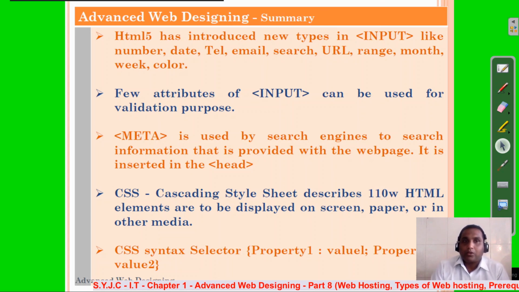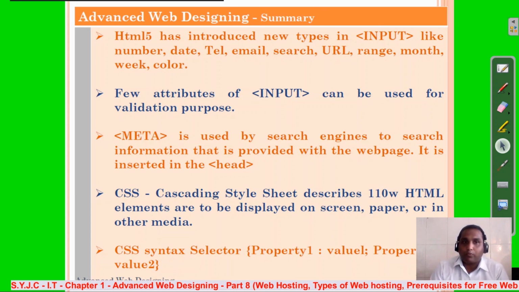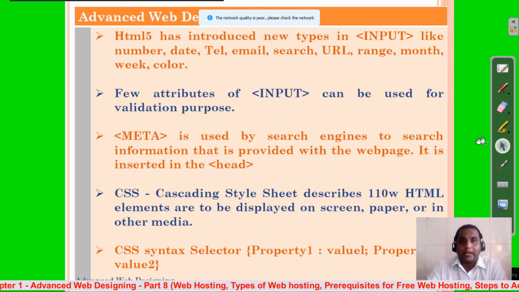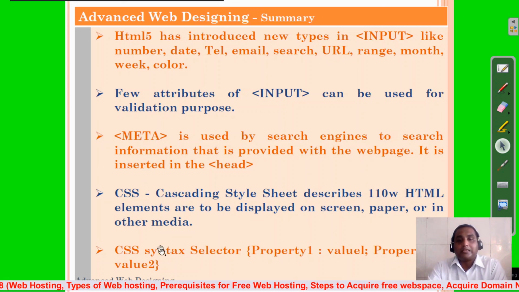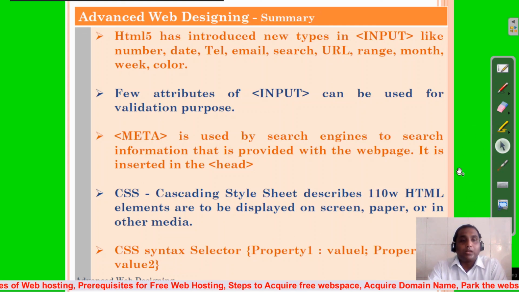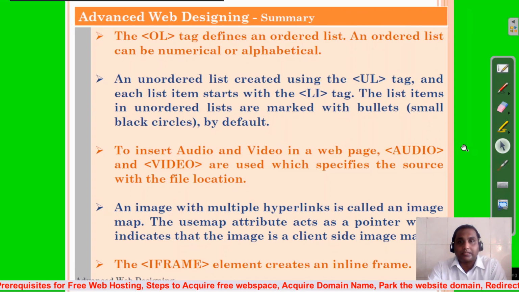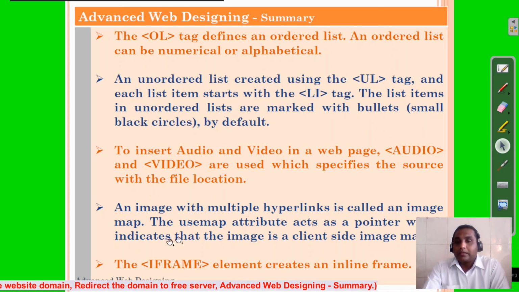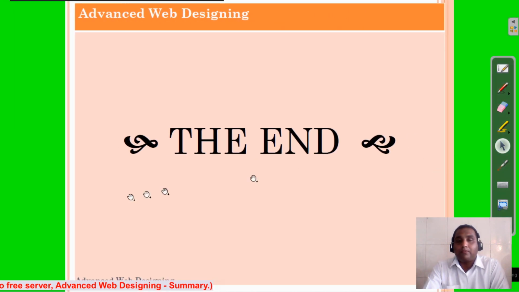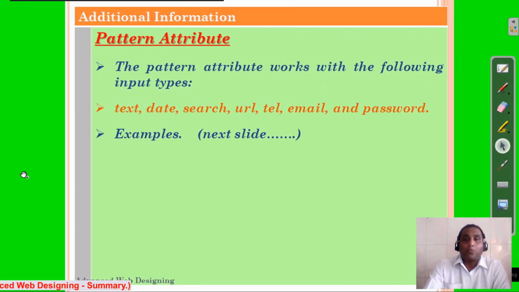So far in HTML5 we have learned the input tag, the meta tag, CSS, different properties in CSS, OL, UL, the li tag, audio and video, then inline frame, and after inline frame we have now completed web hosting.